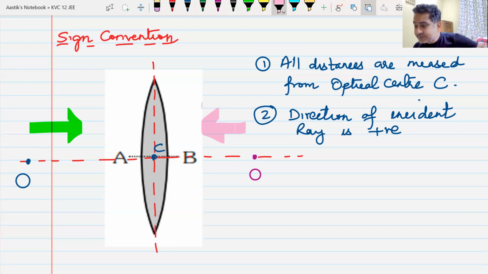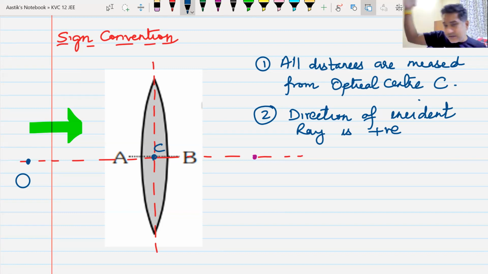It will not happen very frequently, but it can happen. So remember, the direction of incident light is taken as positive, not the left or the right. In case of mirror, you could say left and right because light was always coming from left. Here, light can also come from right.